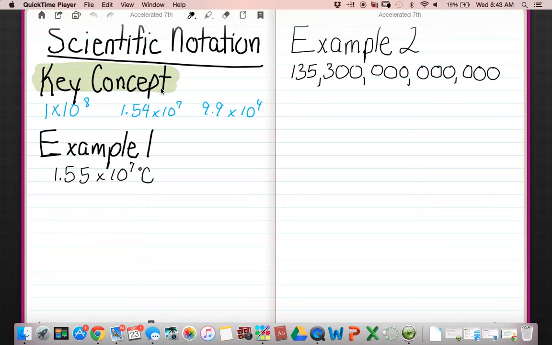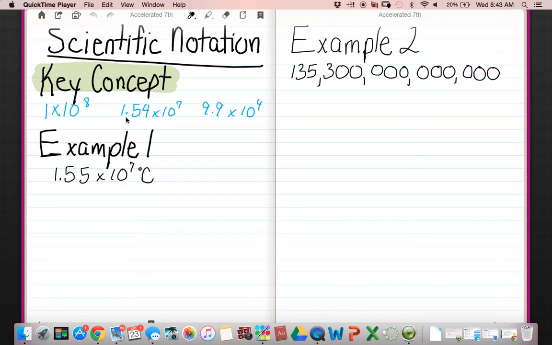The key concept is a number is in scientific notation if the first factor is greater than or equal to 1 and less than 10, and the second factor is a power of 10. So these are our three examples. 1 times 10 to the 8th power, the first factor is equal to 1, and 10 to the 8th power is a power of 10.